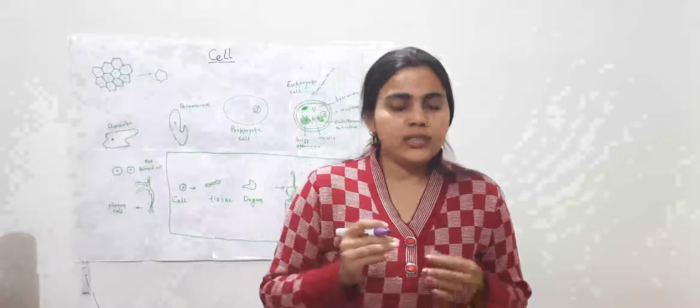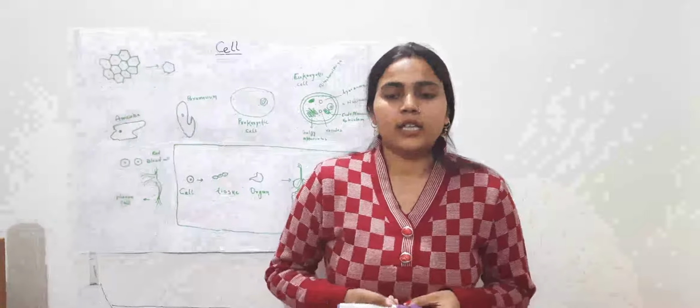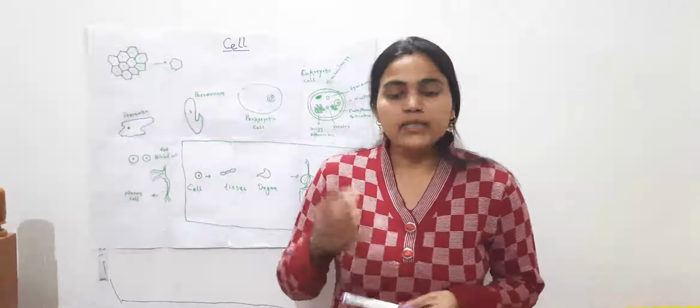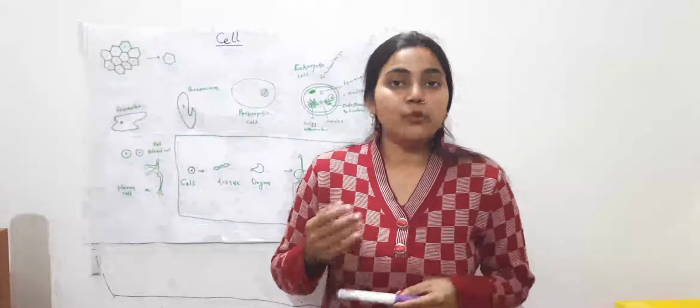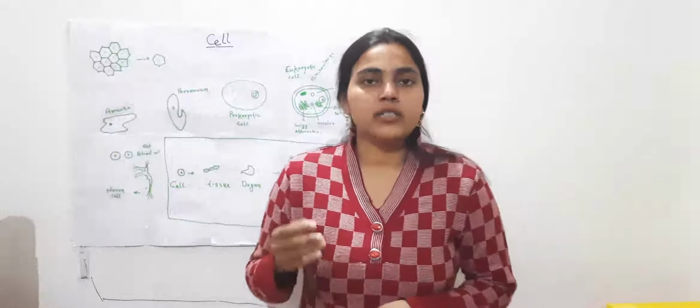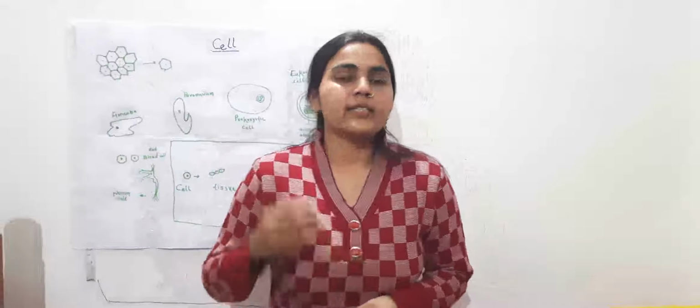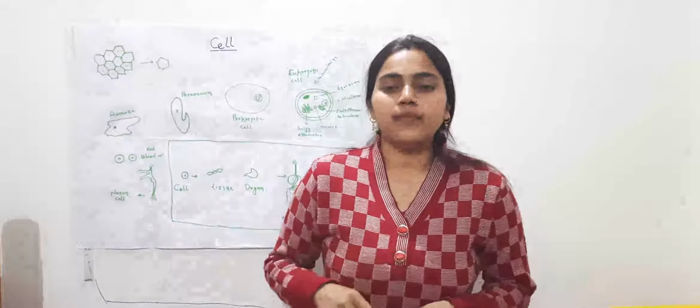But interestingly, the cell which Robert Hooke discovered was a dead cell. But this event is very historic in nature and gave birth to a new branch of science called cytology. Cytology is the branch of science in which we study the cell.